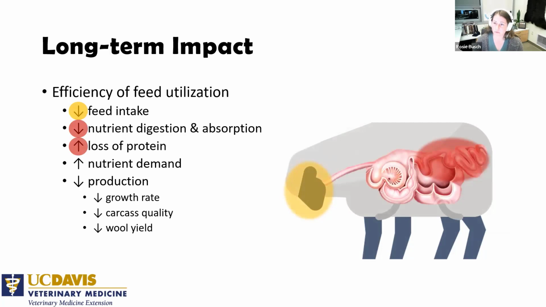They can have loss of protein through their gut, through their kidneys, wherever this disease processes. Inflammation tends to leak proteins everywhere. And then because these disease processes require energy, we get an increase in nutrient demand. So you can have animals that start to lose weight.